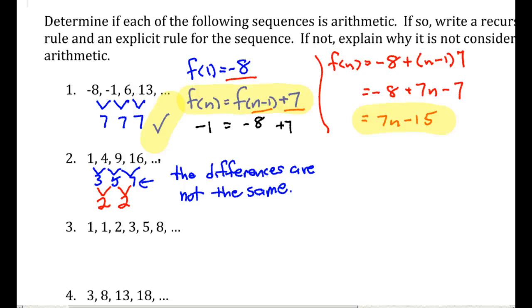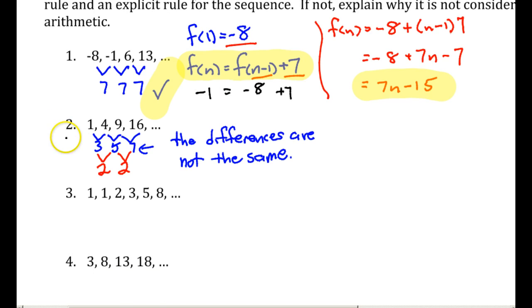We tend to complicate it and look for something extravagant when really it's something basic. So we'll get to these after we cover parabolas, when we start graphing quadratics. You'll find out that this is like the equation y equals x squared: 1 squared, 2 squared, 3 squared, 4 squared, and so on.